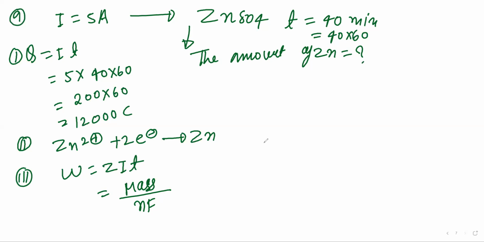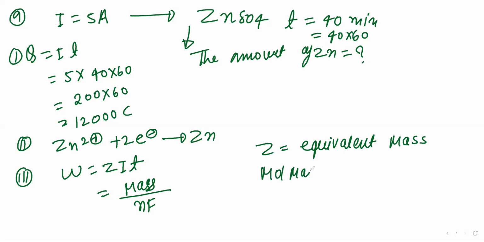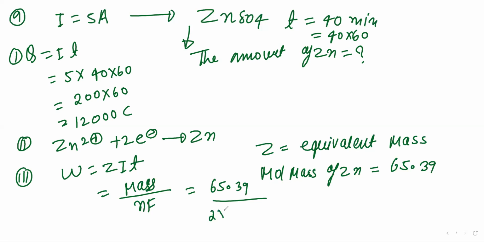Z is the equivalent mass. Molar mass of zinc is equal to 65.39. So put the value here, then it will be 65.39 divided by 2 into 96,500 gram of zinc.